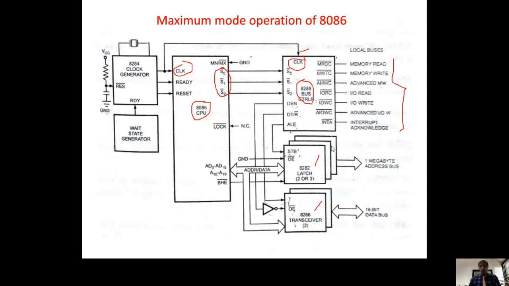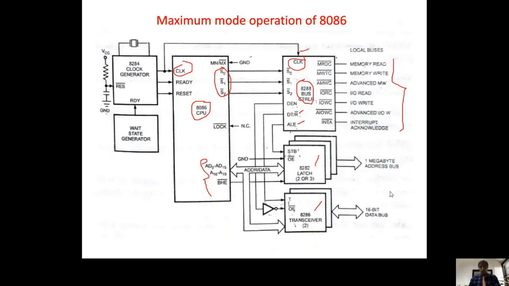Here we also take multiplexed address and data lines and make them pure address lines and pure data lines with the help of the ALE signal coming from the 8288, and the DT/R bar and DEN signals. With these 3 signals we activate the latches and transceivers.